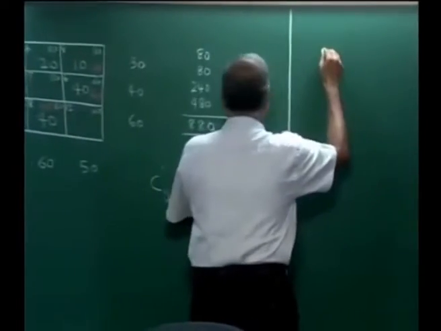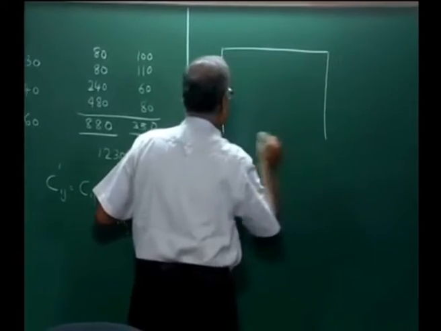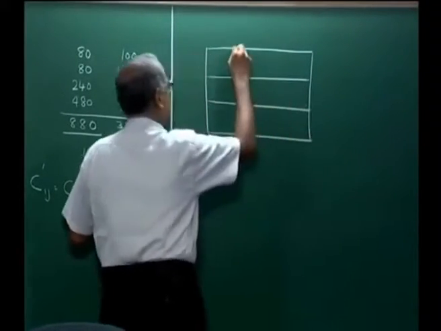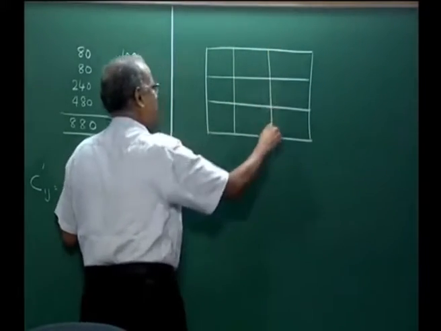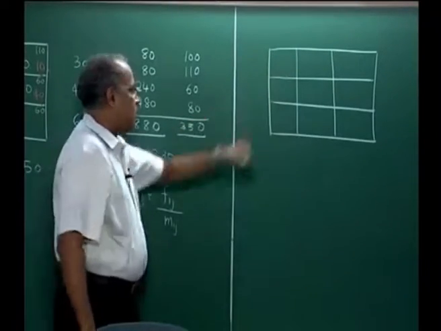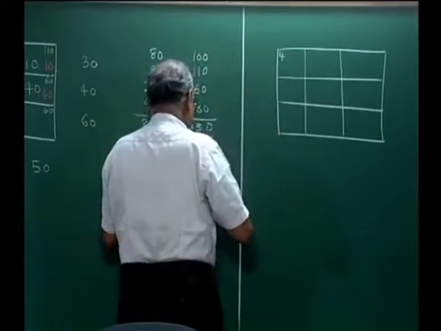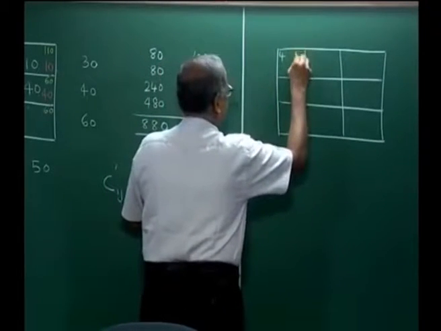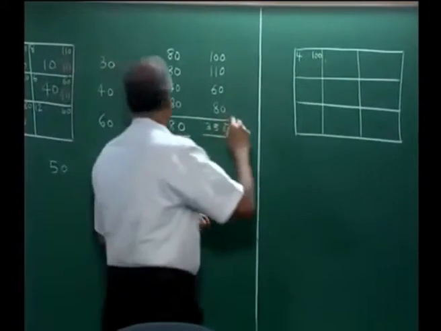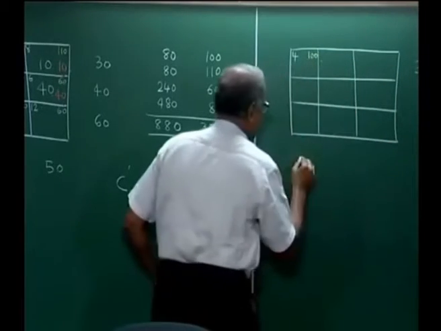Now, let us look at the same 3 by 3 problem. The unit cost of transportation from 1 to 1 is given by 4 and the fixed charge is 100. The supply that is available here is 30 and the demand is 20.